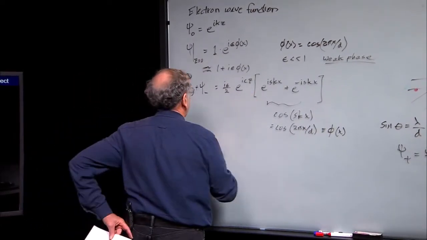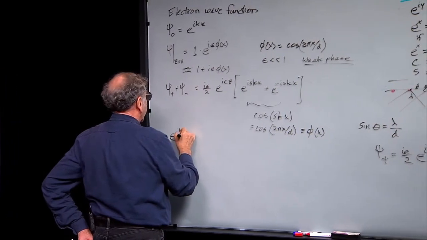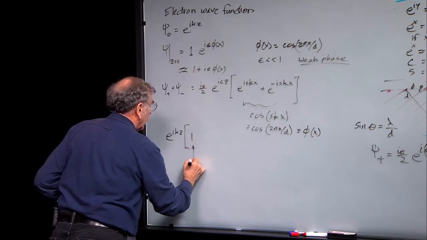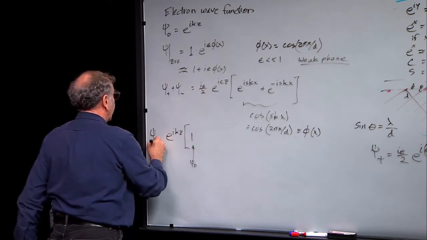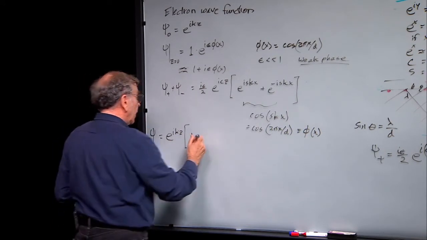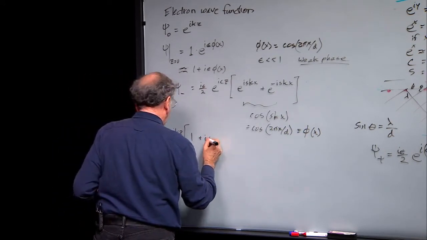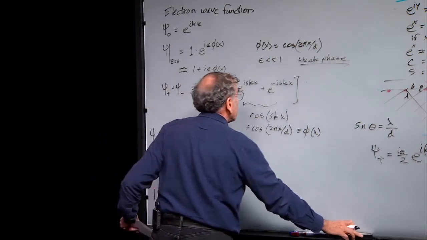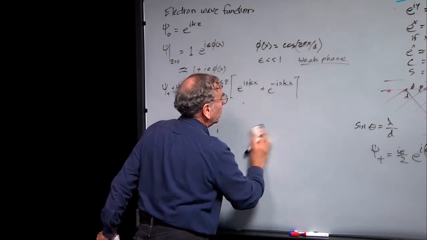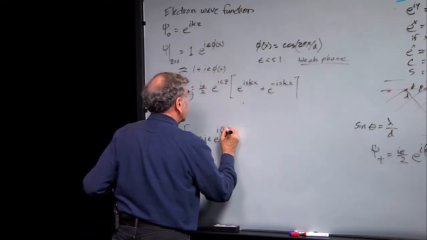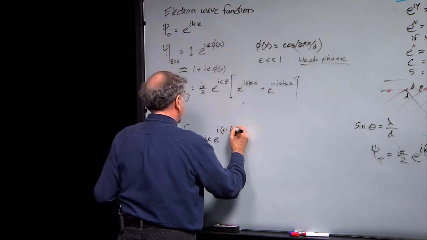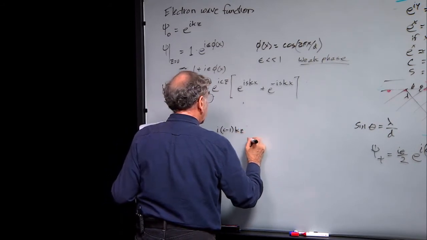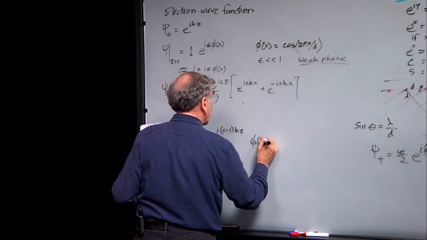It looks like e to the i k z times 1, so that's my undiffracted wave, plus i epsilon e to the i (c minus 1) k z, all times phi of x.